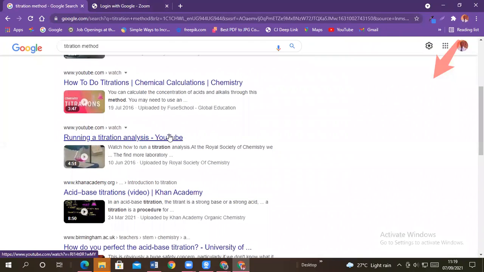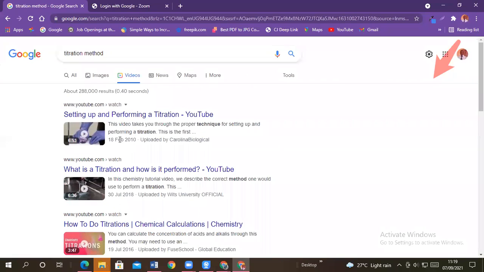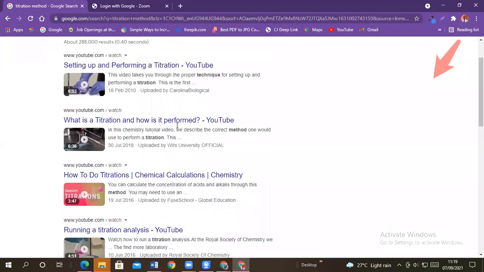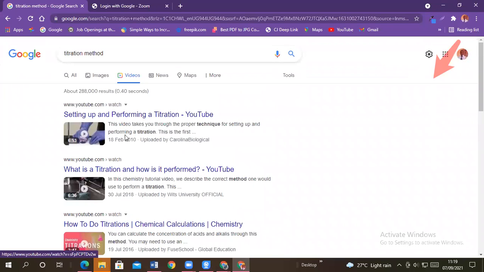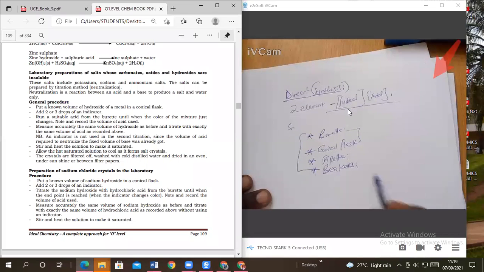The first equipment is what? A burette. Yes. We use a burette. Secondly, we use what we call a conical flask. Pipette. Are these the only 3 things? We use beakers. Those in senior 3 who have ever done titration, which other equipment do we use apart from these ones? A retort stand.